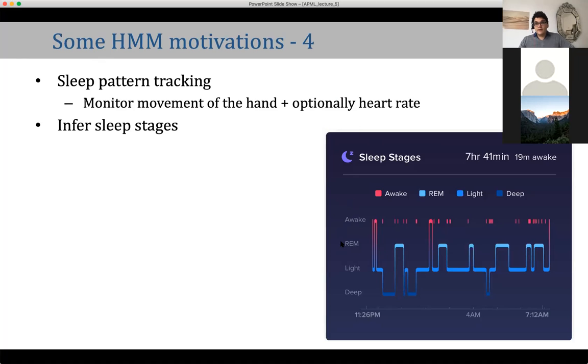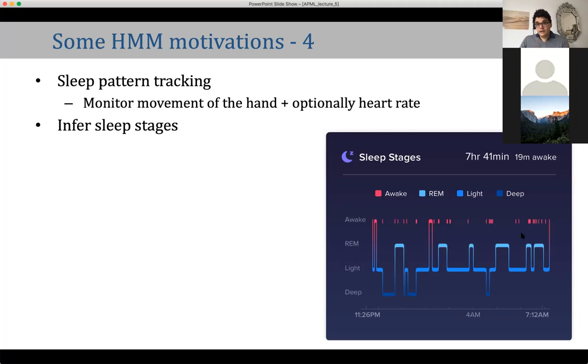Sometimes you can also have some idea of the heart rate, and it always provides you with some indication of when you fell asleep, and where you were in a very deep sleep, a light sleep, this REM phase of sleep, and where you were awake during the night.